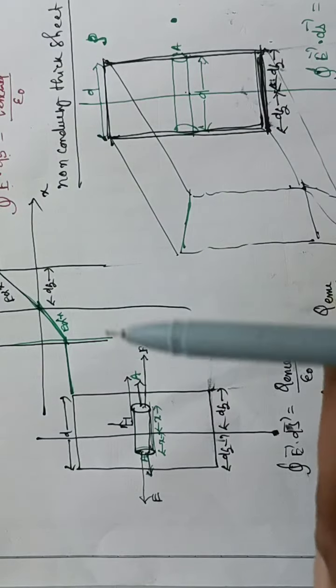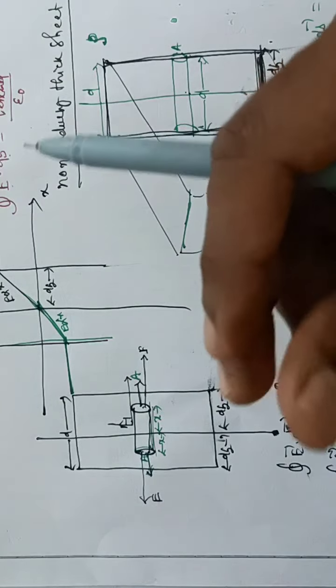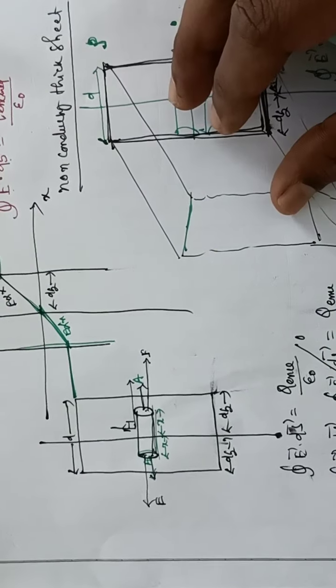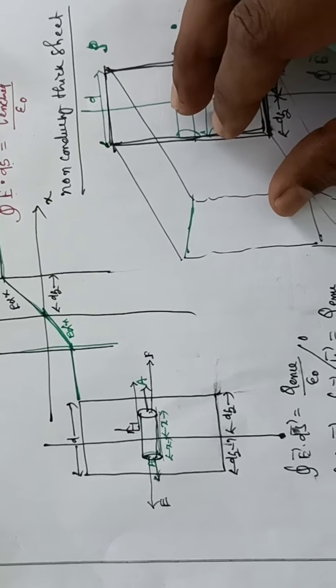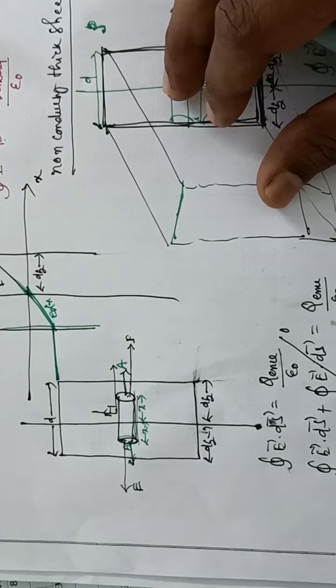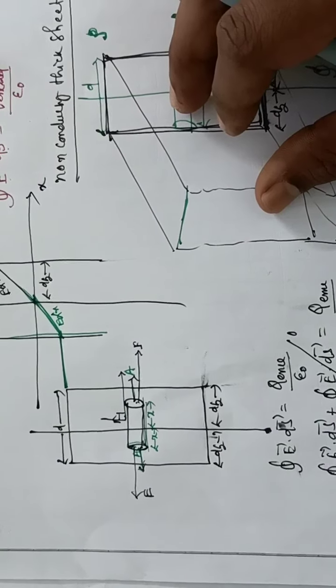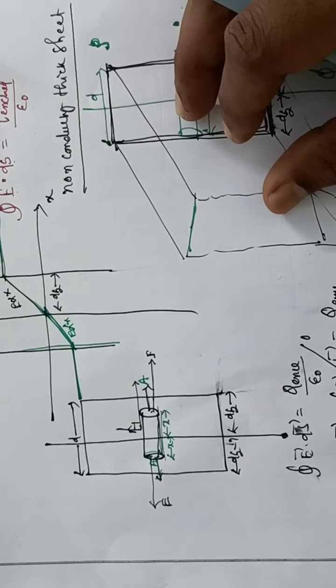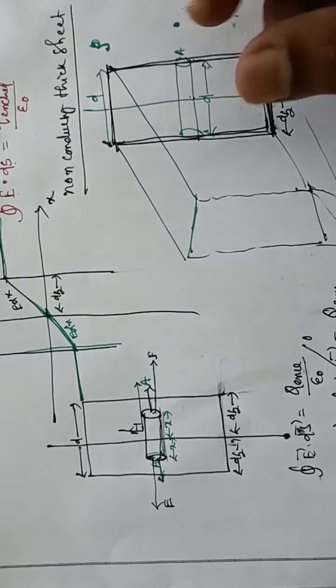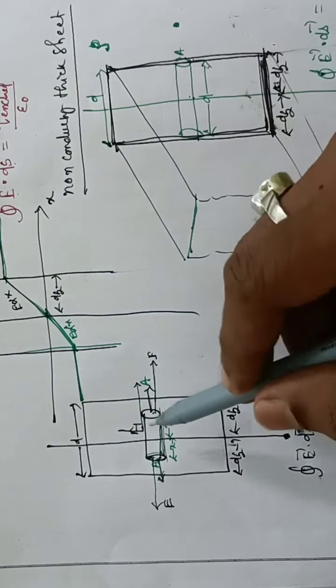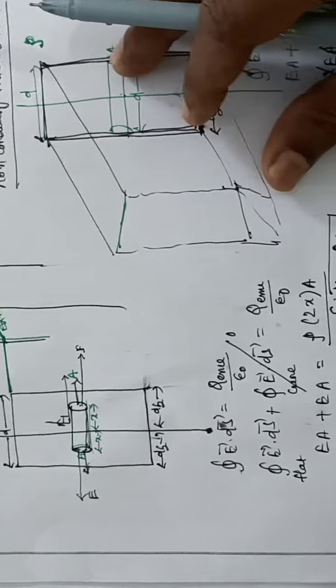We are considering a Gaussian cylinder here. One question I will leave for the viewers: why not consider a cube or something to enclose this kind of thing? Why is it easier to prefer the Gaussian cylinder?